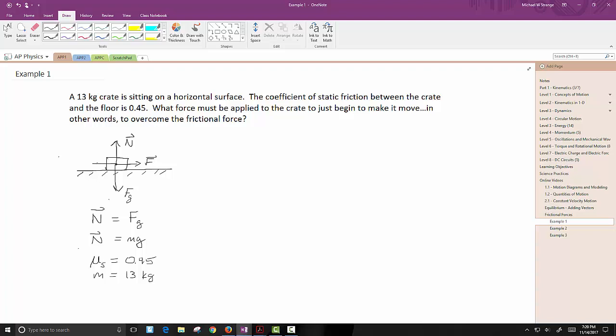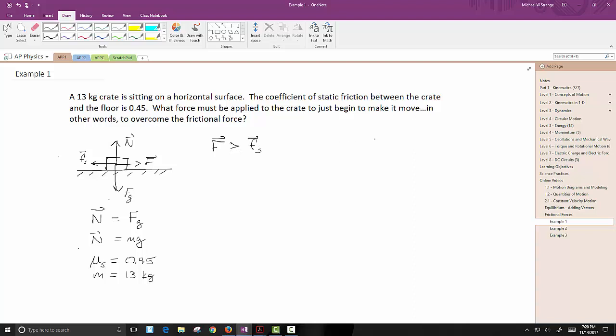So remember, the static friction has a maximum, and once you reach that maximum, it will break free and start to move. So what I want to know is, when is this force equal to this force, to the maximum? And so we want to know the force such that it's greater than or equal to the force of static friction.